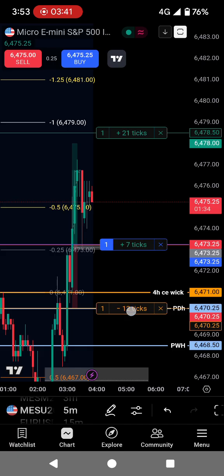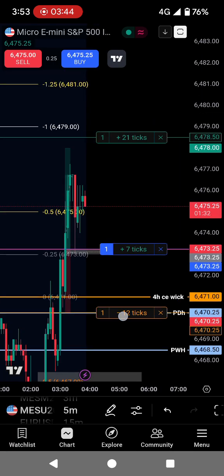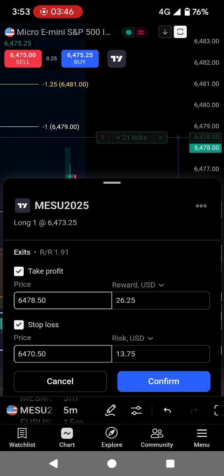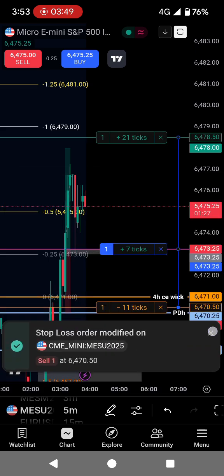But yeah, now my stop loss, I will trail it to right below. Actually, I will trail it to here. Yeah, that will be it.